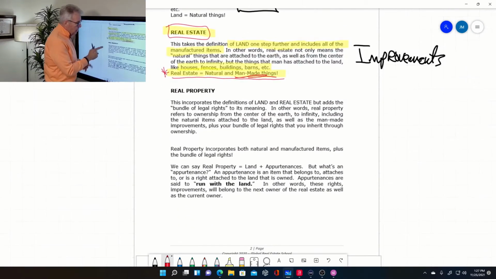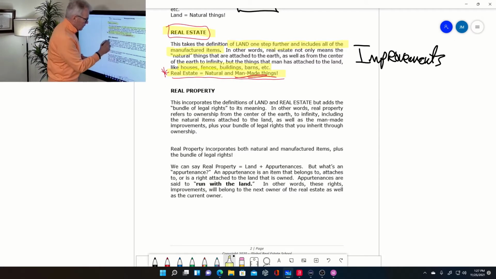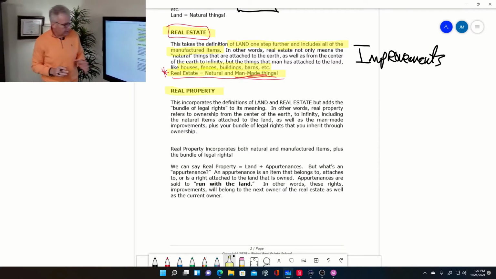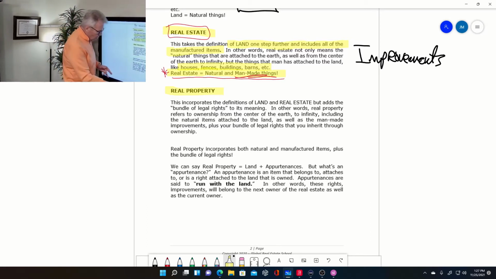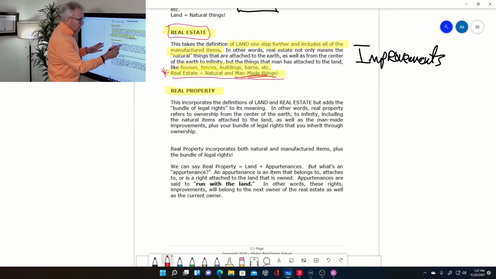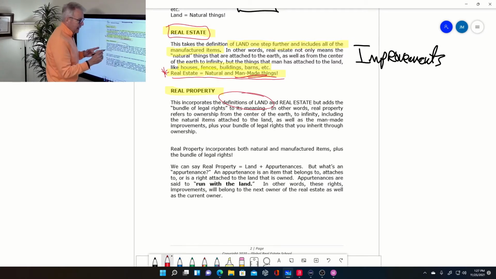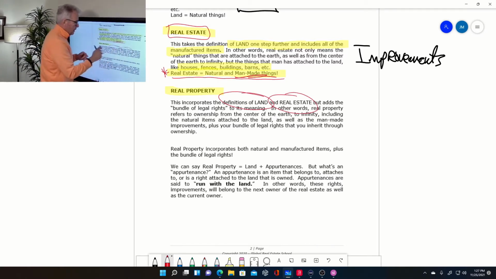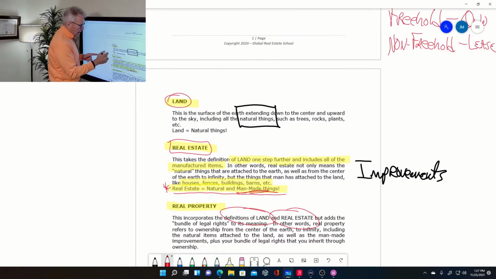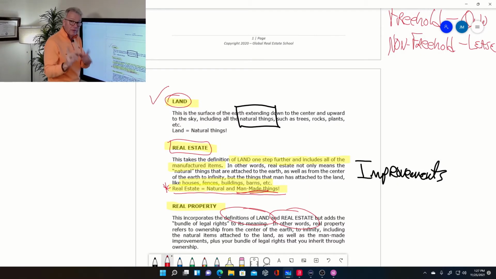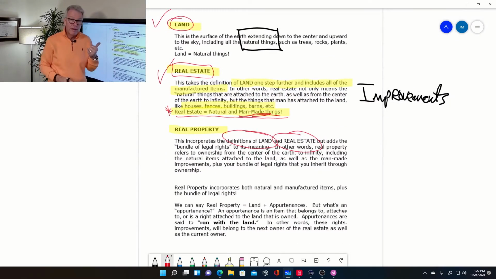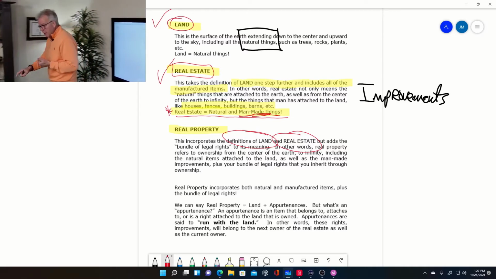And then when we go to real property, notice here, real property is going to incorporate the definition of land and real estate. So basically for real property we're taking the definition of land and the definition of real estate, that's your natural and your man-made items. However, we are also including with the definition of real property your bundle of legal rights.